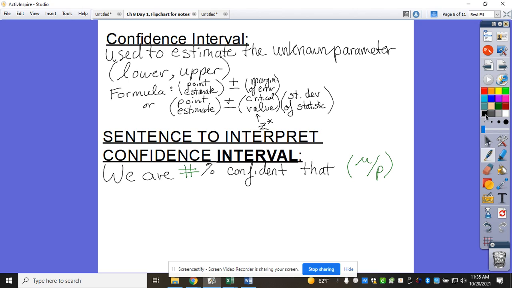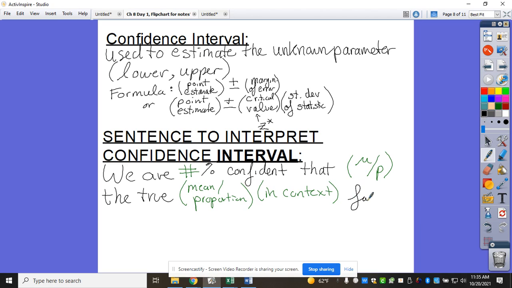So we are estimating mu or p, which is the true mean or proportion, written out in context, falls between whatever our lower number and our upper number are.